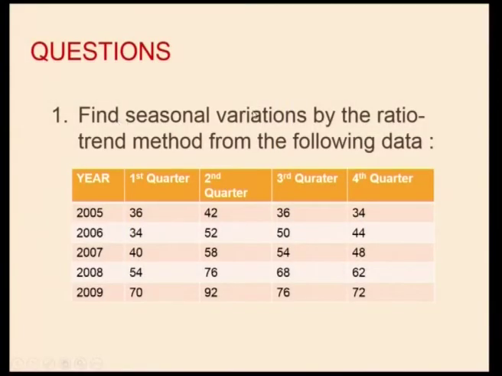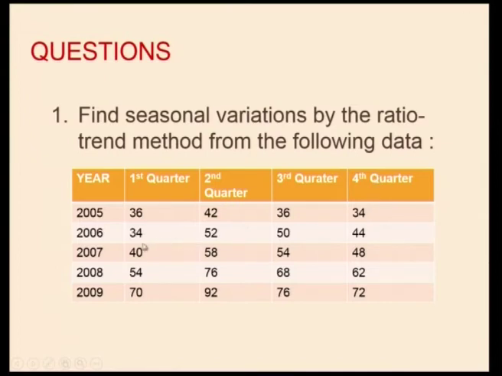Find the seasonal variations by the ratio to trend method from the following data. In this data, the years given are from 2005 to 2009, so the number of years will be 5, and for each year, for all 4 quarters, you are given the values. For 2005 we got 36, 42, third quarter 36, fourth quarter 34.